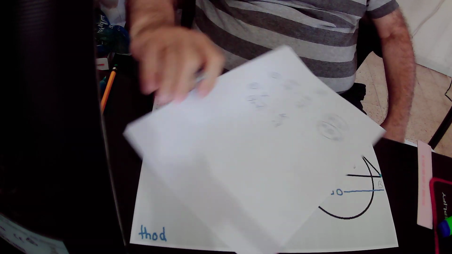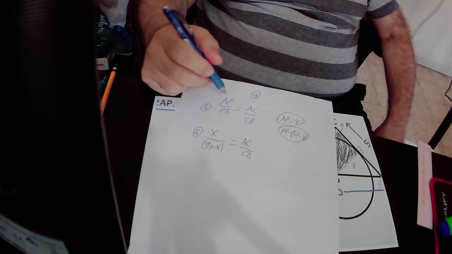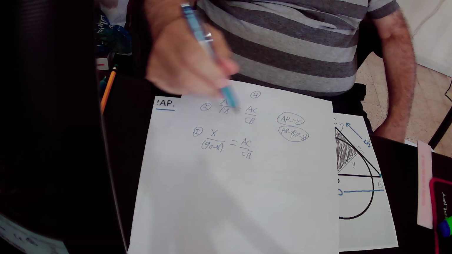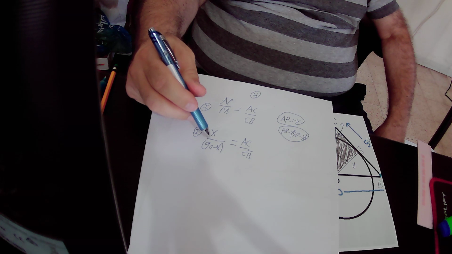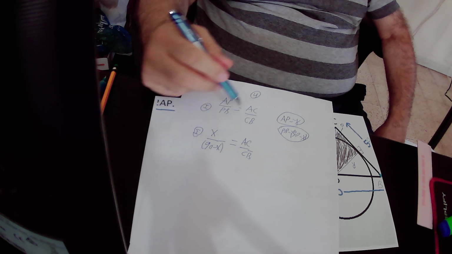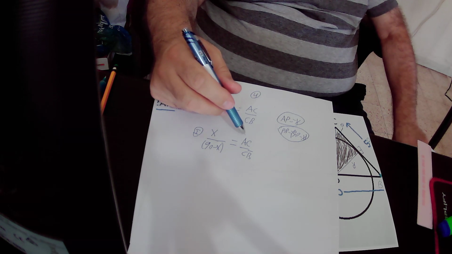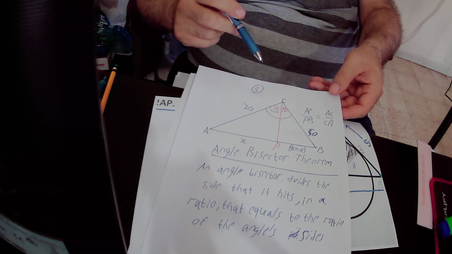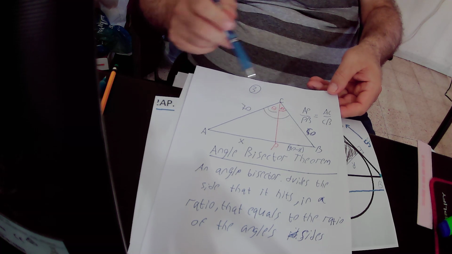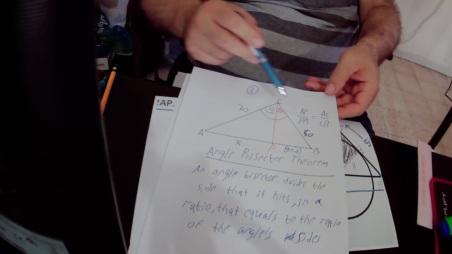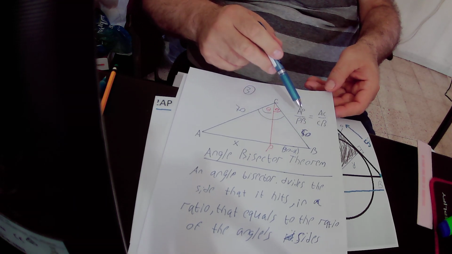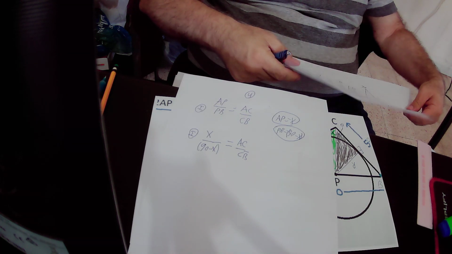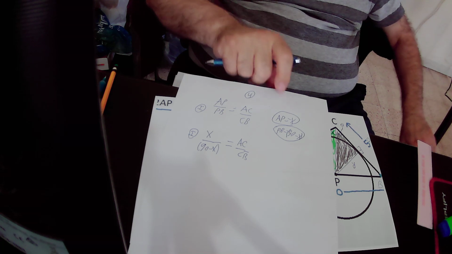Here I substituted AP by X and PB by 90 minus X, and it is equal to AC over CB. But as you can see from the picture, AC equals 70 units and BC equals 50 units. It is given to us in the question. So I'll write it down again.